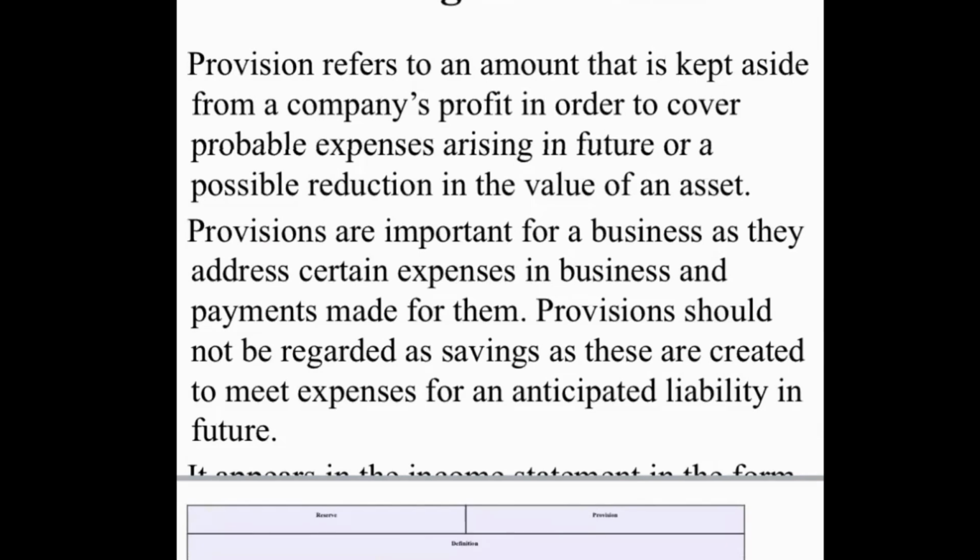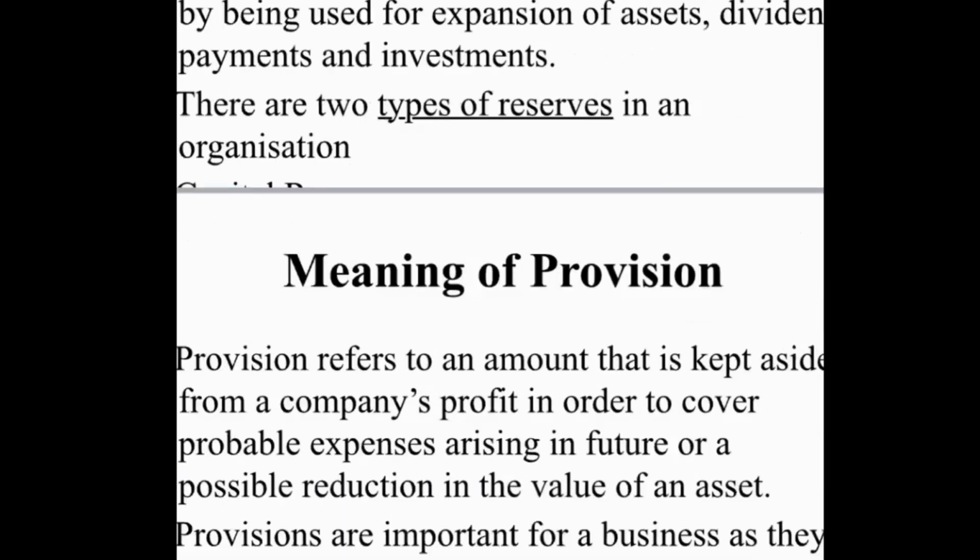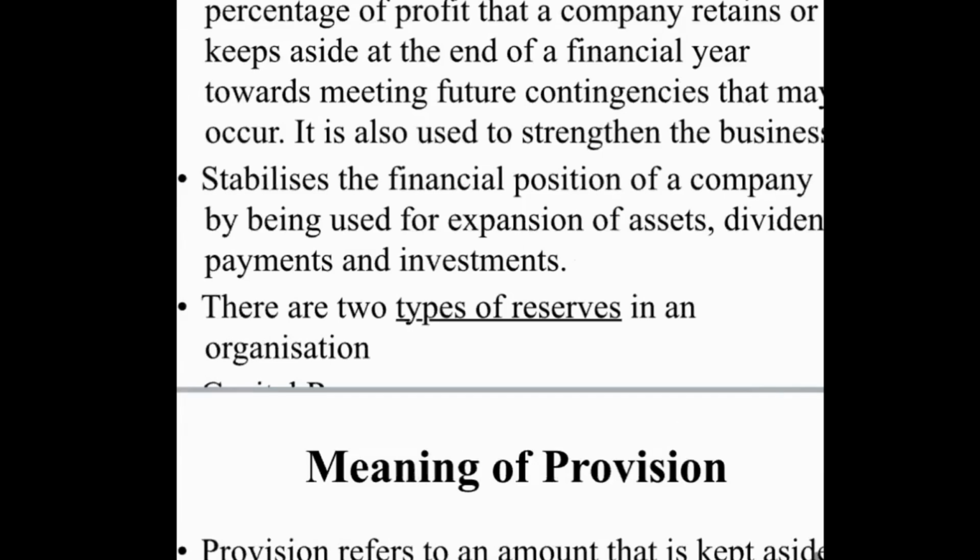Now, next one is what is a reserve and what is a provision. Simply, reserve means, suppose you are getting 10,000 salary every month. Out of 10,000 salary, you keep 1,000 aside, so that if a medical emergency comes or something happens, this 1,000 will be useful to me.